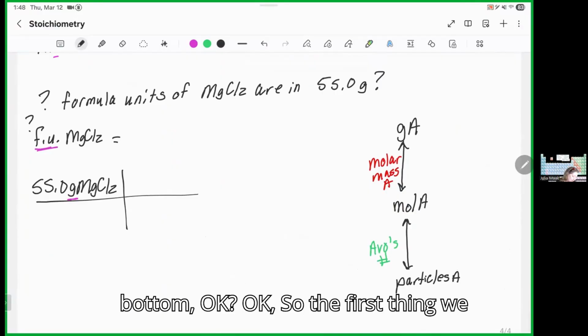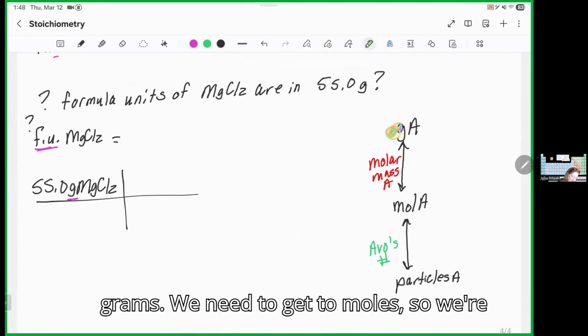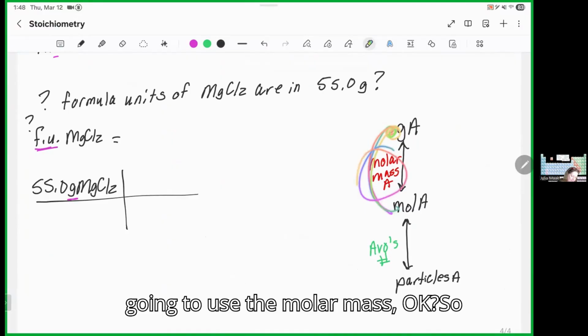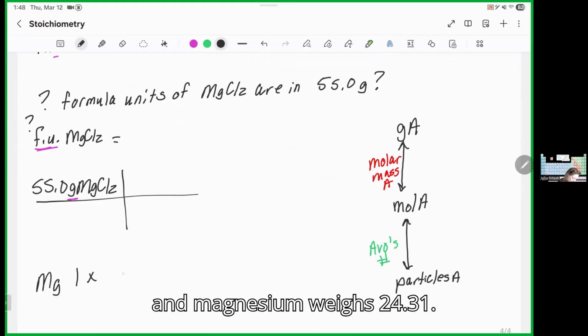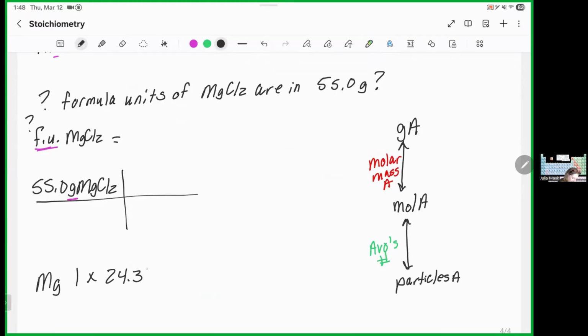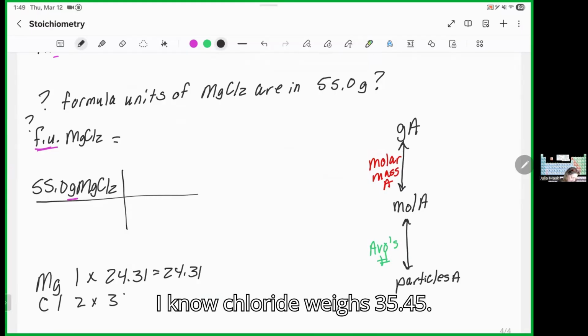So the first thing we need, back to this, we're at grams. We need to get to moles, so we're going to use the molar mass. I have 1 magnesium, and magnesium weighs 24.31. And I have 2 chlorides. I know chloride weighs 35.45.